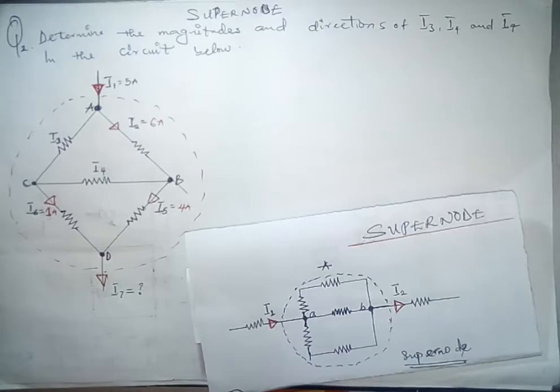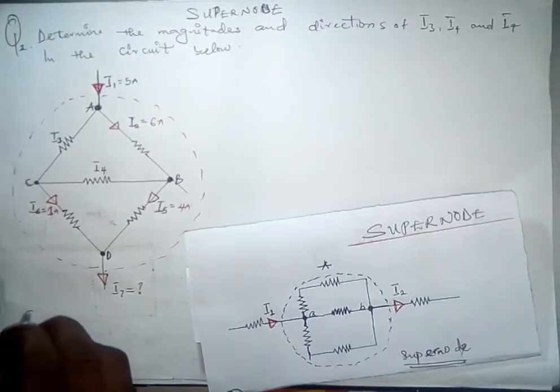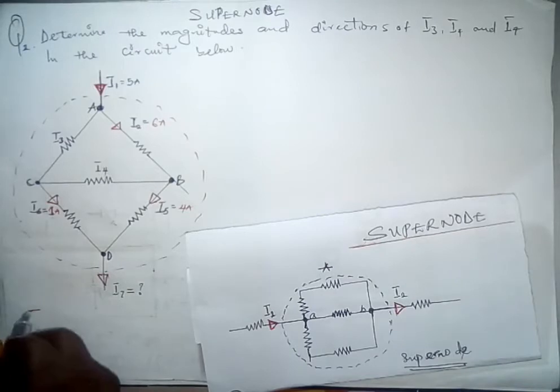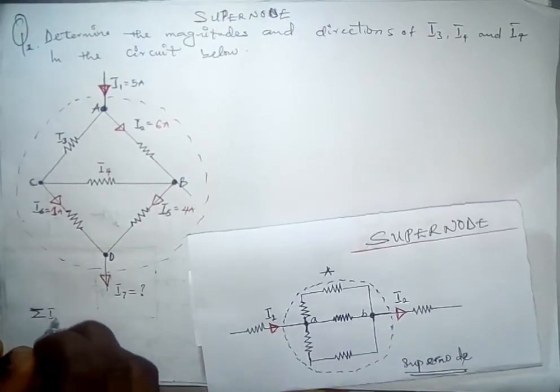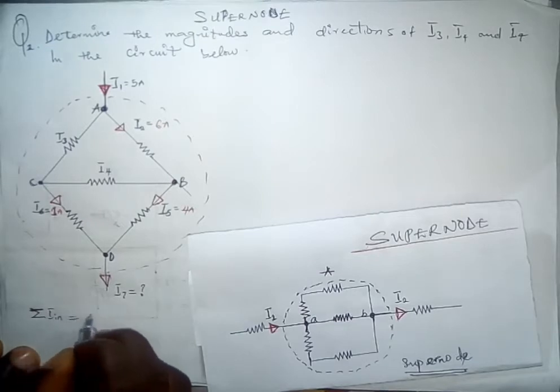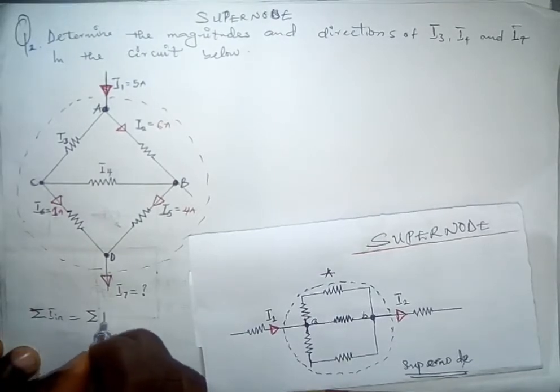We already know the law we are applying is KCL. We are making use of the first method, which says that the sum of the current that enters into a node is equal to the current that leaves the node, which is summation I in must be equal to I out.